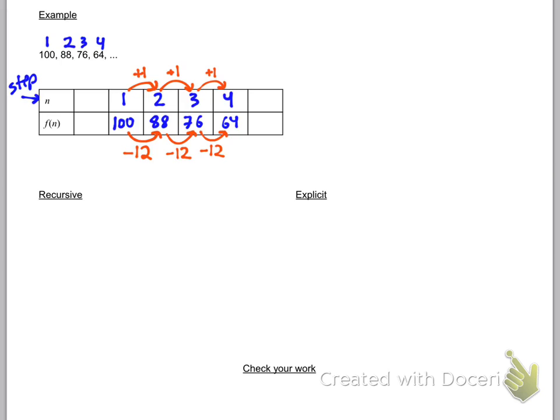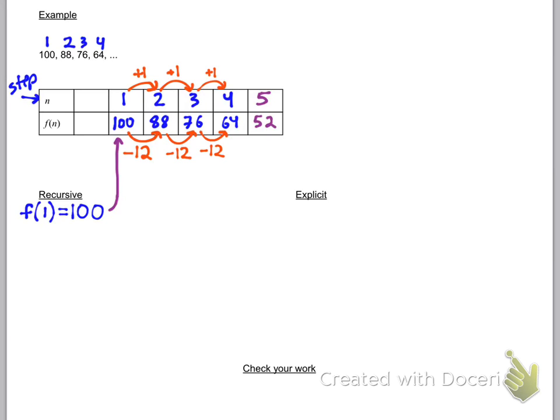And we want to look at what is a recursive formula. Oh, first, actually, I'm going to fill in the last box here. We're going to use that as a check later. So I added 1 to the top and subtracted 12 on the bottom. To do a recursive formula, you need two things. You need the first step, and you need every other step defined. So we're going to write down the first step right here. F of 1 means the first step.